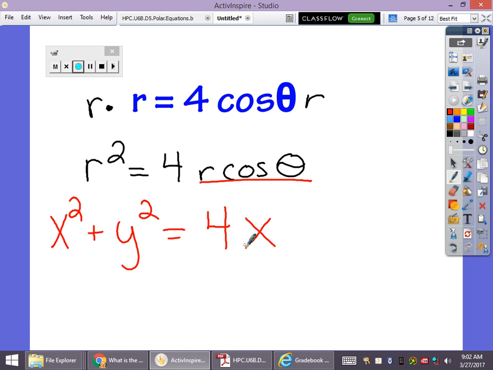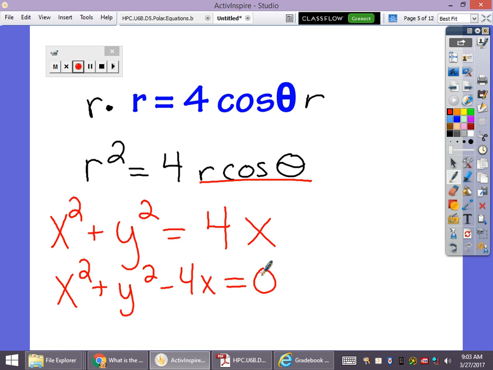Now what would you like me to do? Minus. Okay, the last class had trouble with this. Remember, whenever there's a squared, you want it to equal 0. So we have x squared plus y squared minus 4x equals 0.